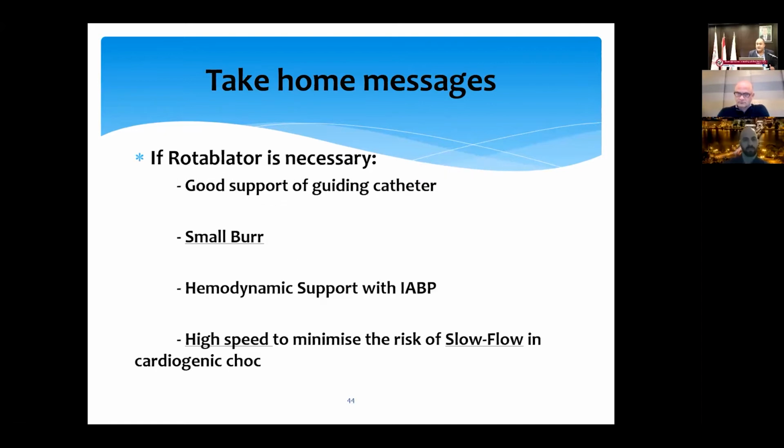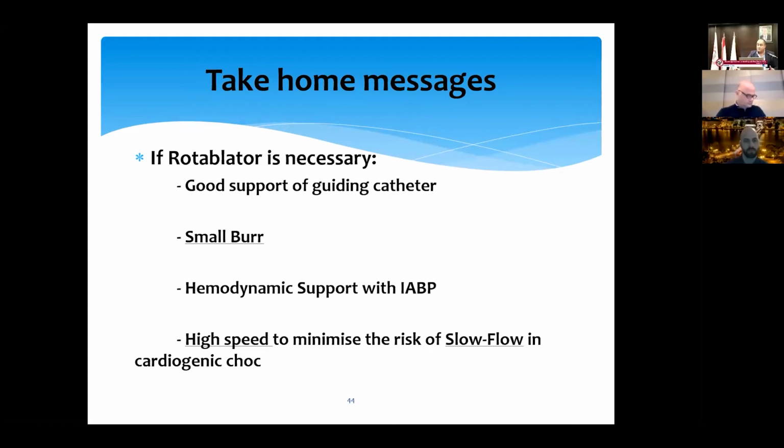And second, if rotablator is necessary in such cases, good support of the guiding catheter is mandatory. Small burr. I will notice this, just a few ideas. For many years, since the establishment of rotablator, they said that a bigger burr is better.